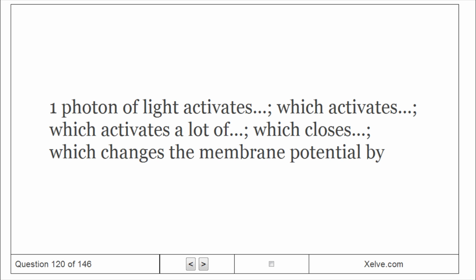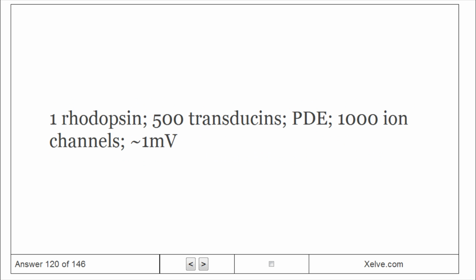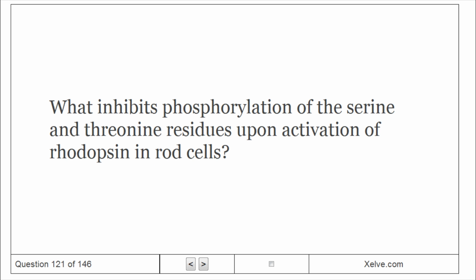One photon of light activates one rhodopsin, which activates 500 transducins and PDEs, which closes 1000 ion channels, which changes the membrane potential by about 1 mV. Phosphorylation of the serine and threonine residues inhibits activation of rhodopsin in rod cells.